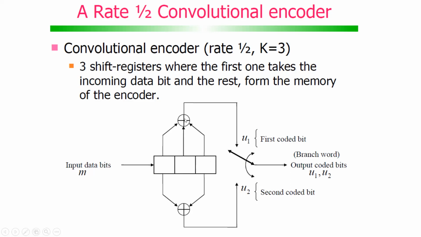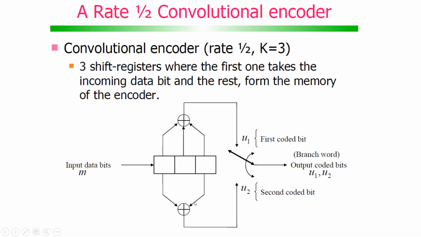I can also explain this structure of the inputs going to the XOR gate as 1 1 1. If I write it like this, 1 1 1, it tells me that the input bit is connected to the XOR gate, the first bit of the shift register is connected to the XOR gate, and the second bit is also connected to the XOR gate. So it is a 1 1 1 connection.